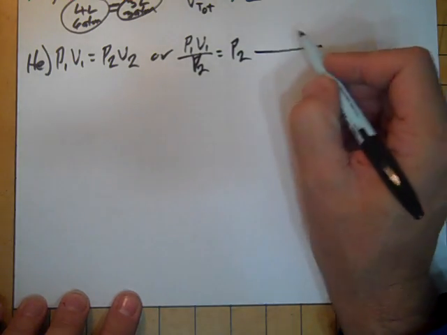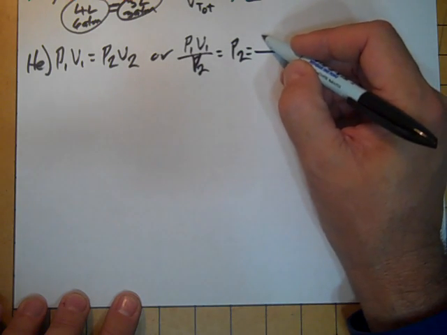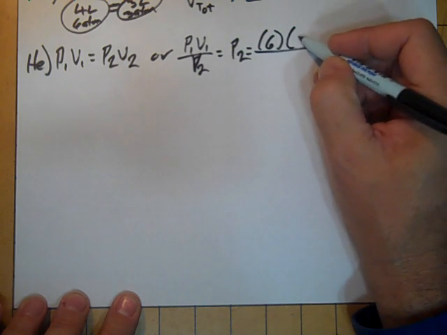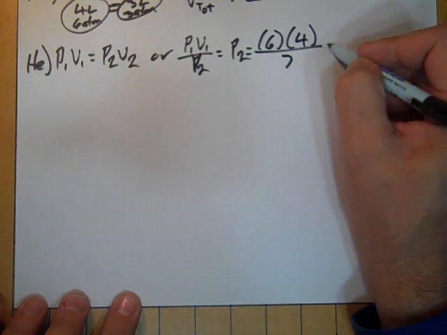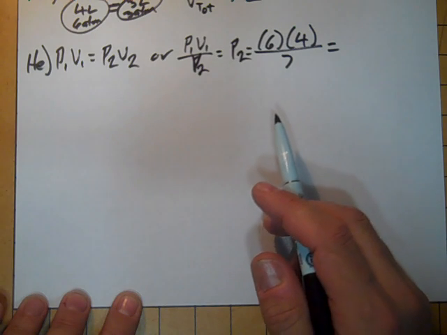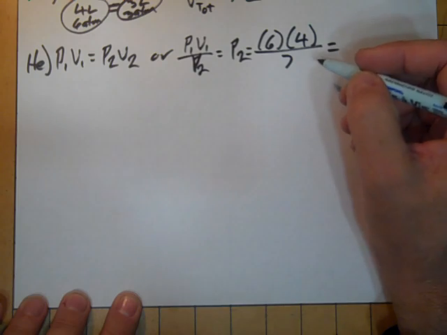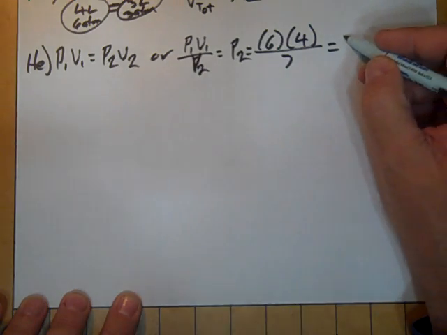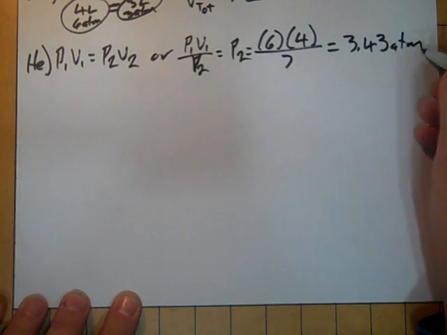Well, we happen to know that P1 for helium is 6 atmospheres, volume 1 for helium is 4 liters, and the final volume is 7 liters. So that means that after everything gets all equaled out, the pressure of the helium in this combined container will be reduced down to 3.43 atmospheres.